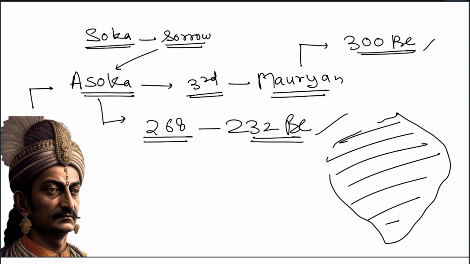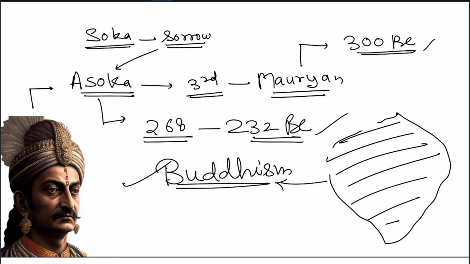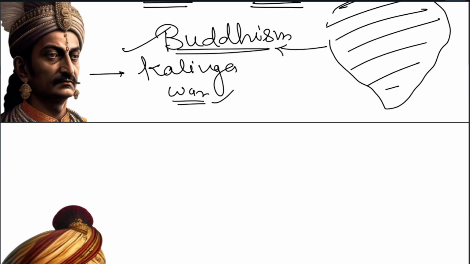He also played a major role in spreading Buddhism and was a patron of Buddhism. Under his time, the Buddhist religion spread all over India. He himself converted to Buddhism after the Kalinga war. His edicts and pillars are found all over India.